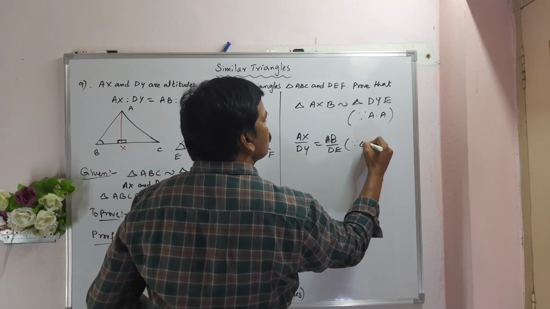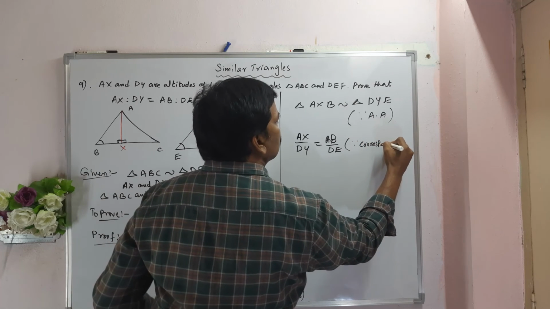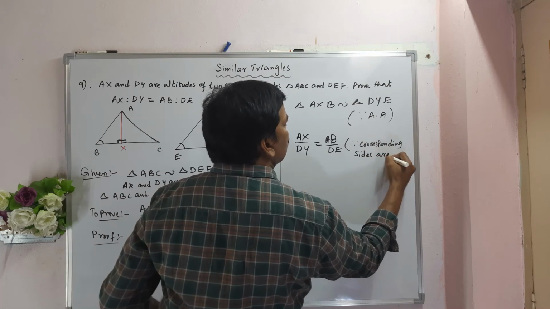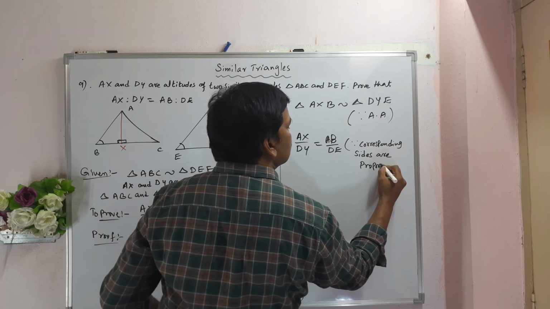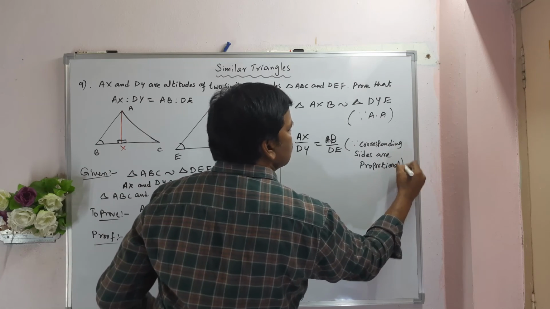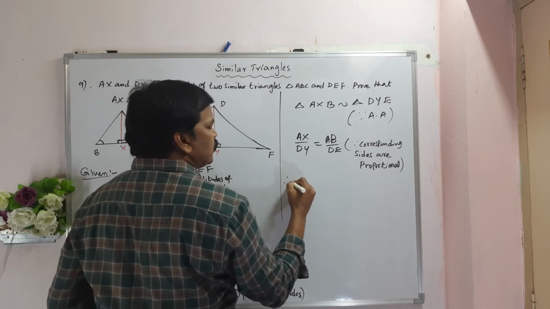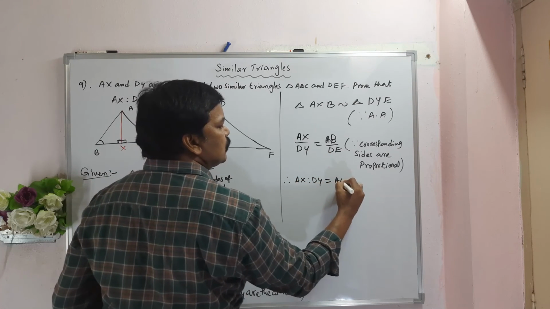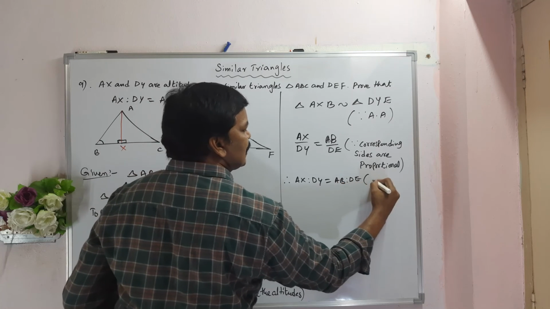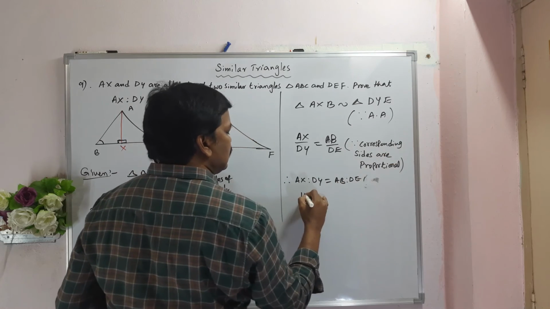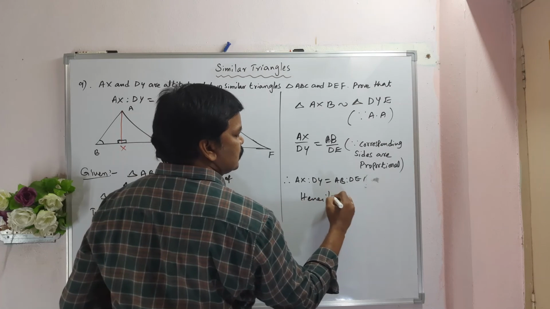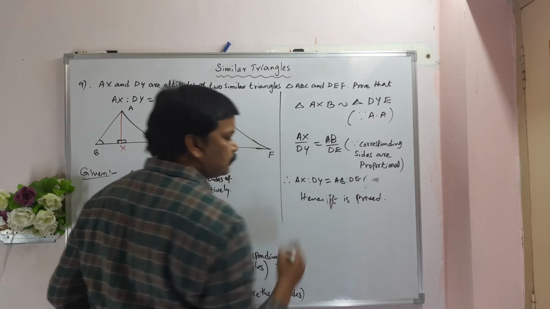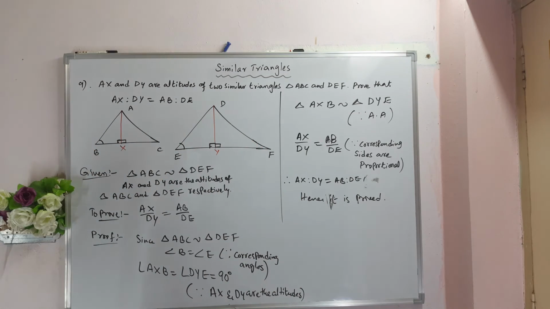Why? Corresponding sides are proportional. Therefore, we can write AX is to DY is equal to AB is to DE. Hence it is proved.